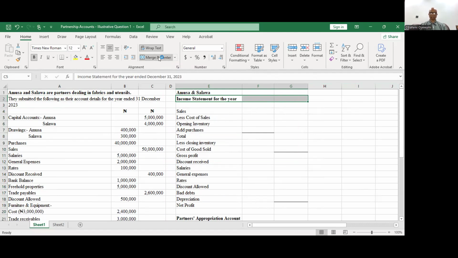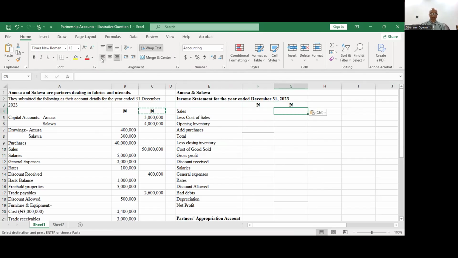Okay, so let's continue. Now we have the sales figure. Let me put a Naira sign so that it's clear. Okay, so we're dealing in Naira. Sales, how much are we talking about? 50 million. That's what we have as our sales figure.